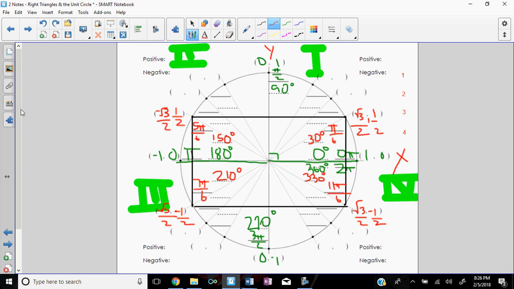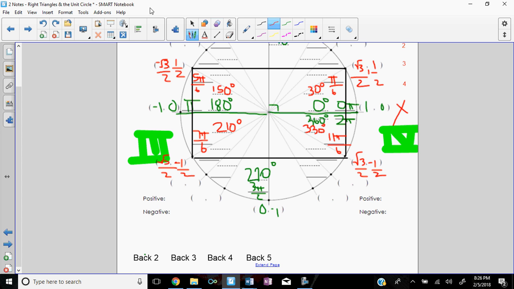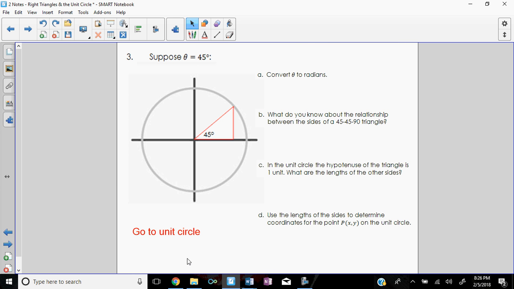Okay, so let's go ahead and take a look at our 60-degree angles. Actually, I think we might look at our 45-degree angles. So remember, if we take, let me do this in another color, so this is blue.